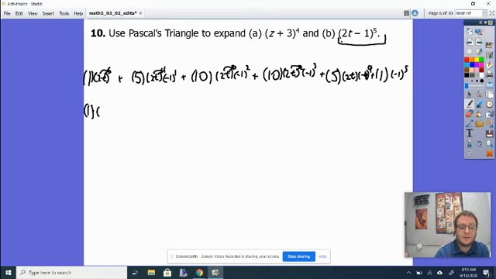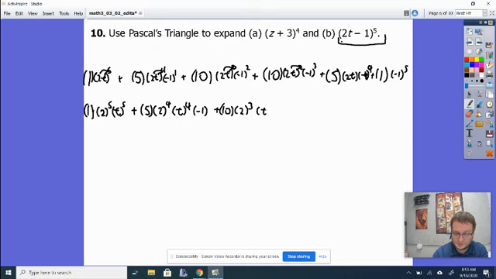And then 2 to the 5th, t to the 5th, plus 5, 2 to the 4th, t to the 4th, minus 1, again to that 1, but we don't really need the 1, plus 10, 2 to the 3rd, t cubed, sorry, 3rd, negative 1 squared, plus 10, 2 squared, t squared, negative 1 to the third.